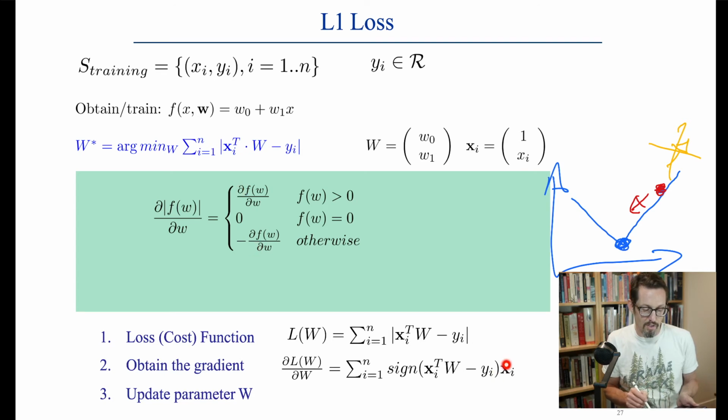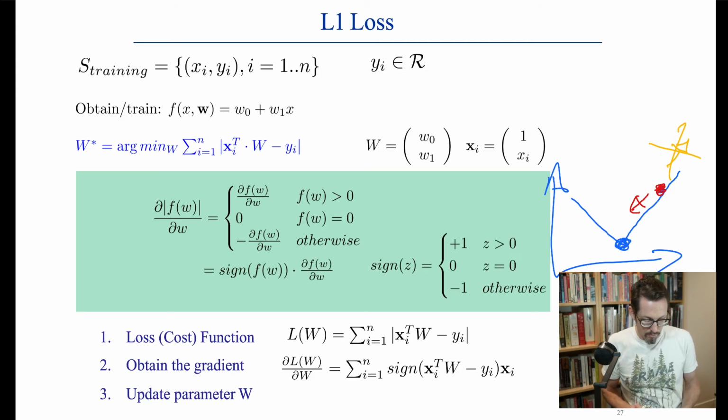And then everything that was left over is still left over. And that's why its partial derivative looks like that. Okay? So, oh yeah, there's my definition of sine. Sine is plus 1 when the value is greater than 0, minus 1 when it's less than 0, and exactly 0 when it's exactly equal to 0. So the derivative of the one norm is sine of f of w times df of w dw.